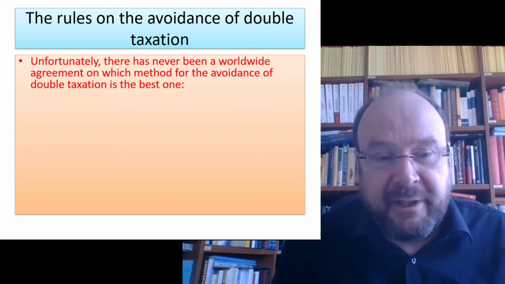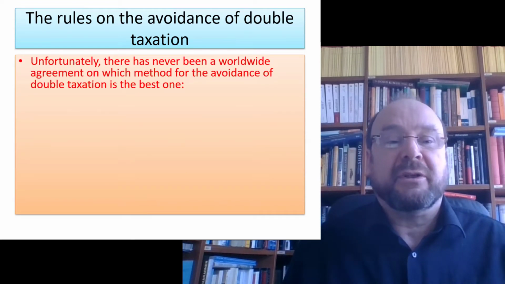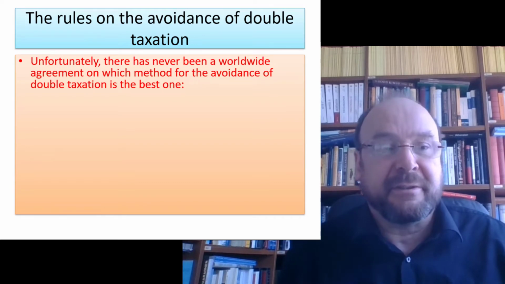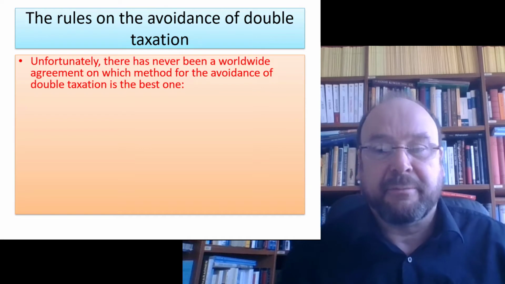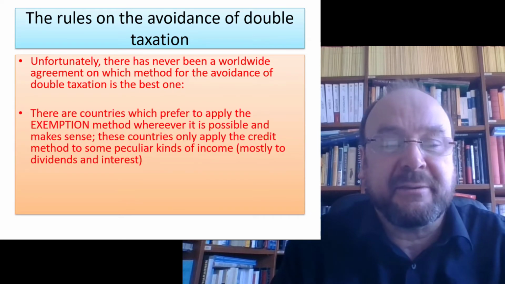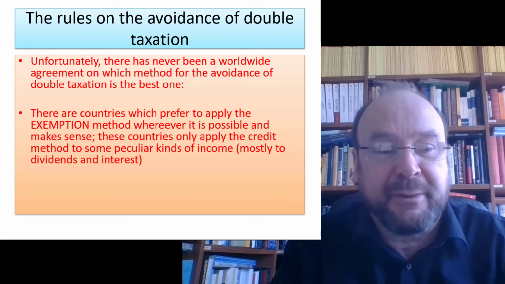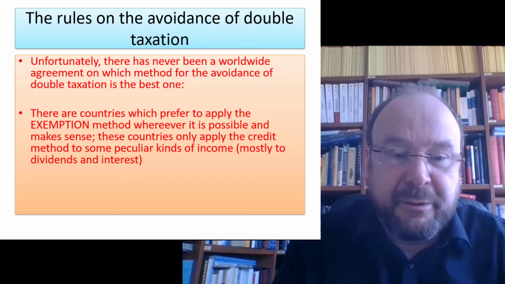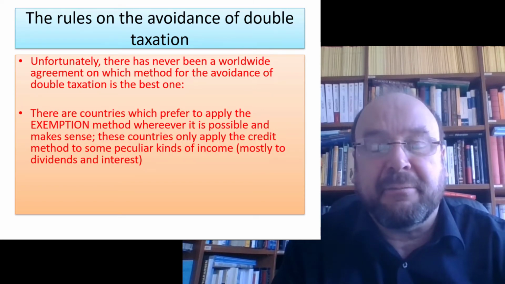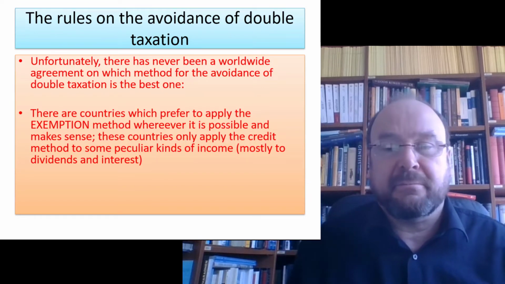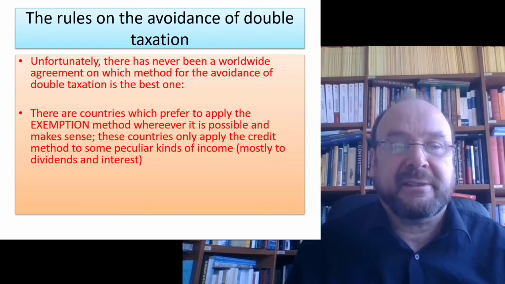Now, unfortunately, there has never been a worldwide willingness to agree on which method for the avoidance of double taxation is really the best one. There are countries which prefer to apply the exemption method wherever this makes sense, it is possible, and so on. These countries only apply the credit method to some very peculiar kinds of income, mostly to dividends and interest, and all the rest will be exempted because they are great exemption fans.